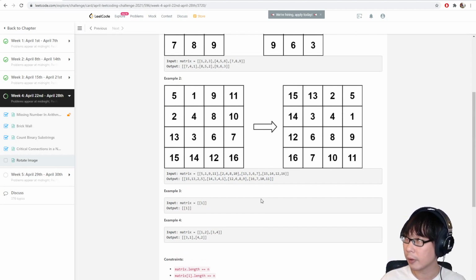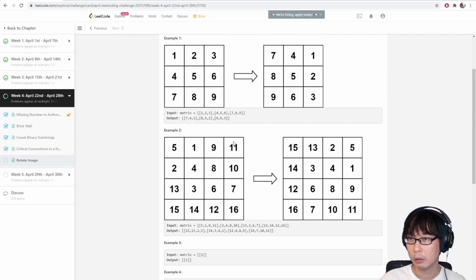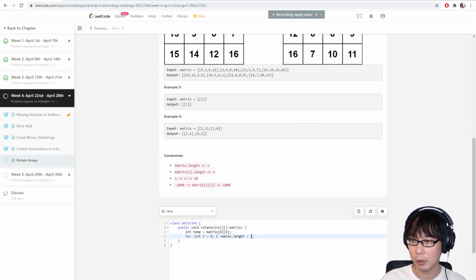So what if it's 5? 5 divided by 2 is 2, right? So let's use this as an example. If we have length 3, divided by 2 is 1. So we only need to do one layer, because this one, we don't need to touch it. So divided by 2 should work.